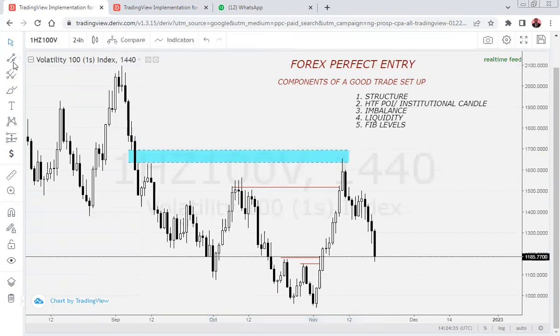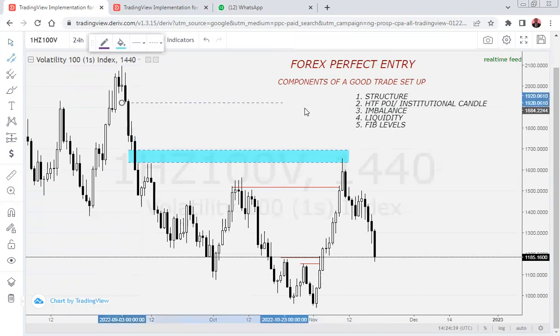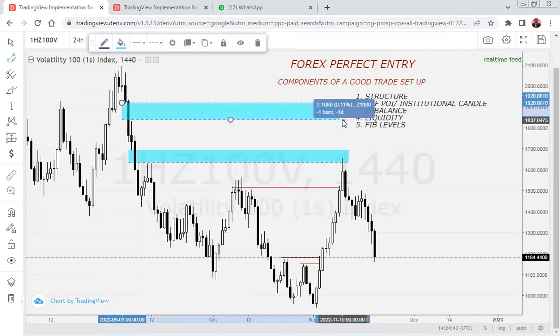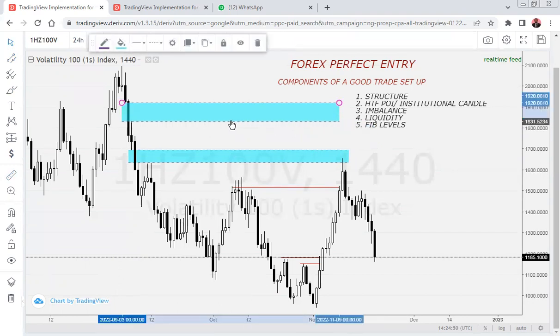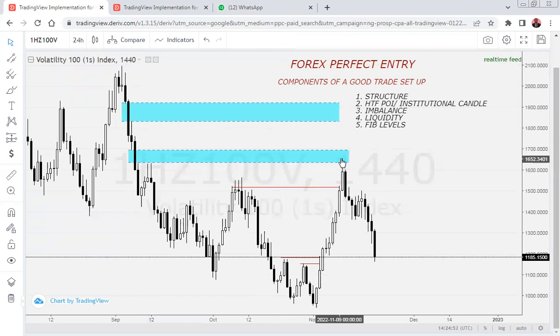You can see that there was also another imbalance here. I was expecting price to come higher, but price didn't come this way. But this is another imbalance here. I was expecting price to come into it, which price never did, but rather respected this place.